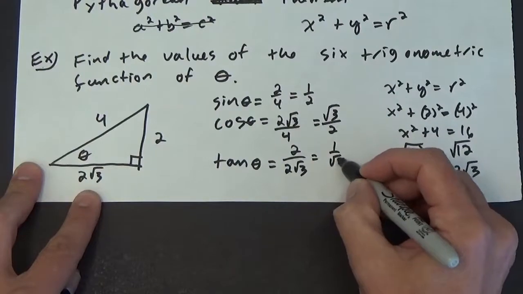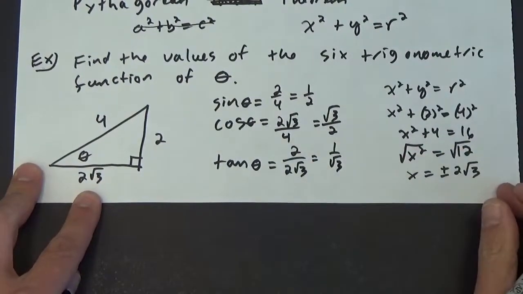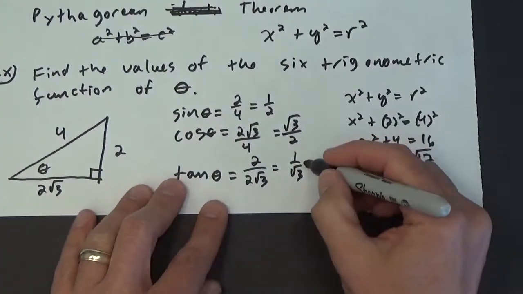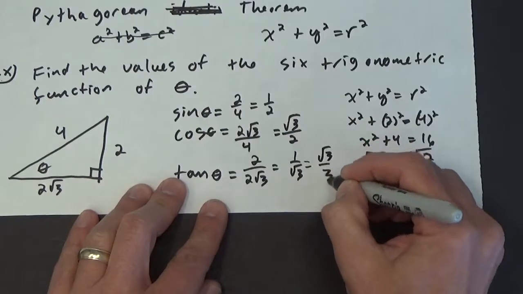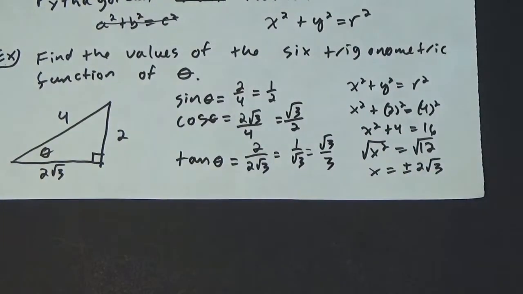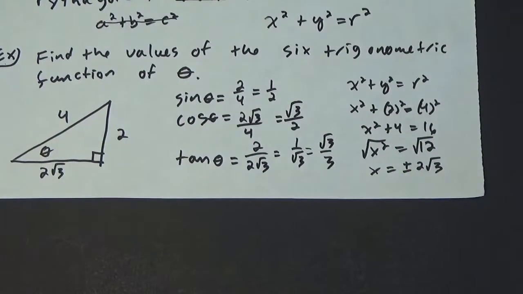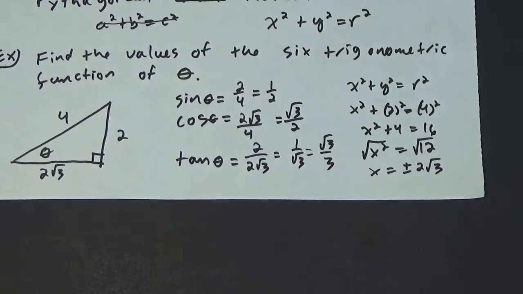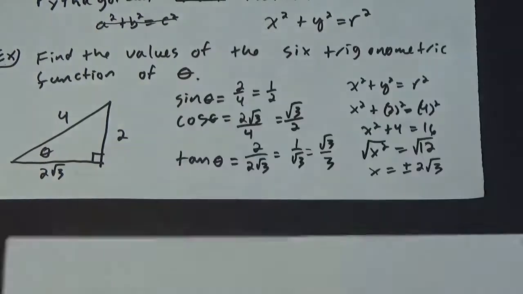Which is 1 over the square root of 3. And of course we need to rationalize the denominator, so that ends up being the square root of 3 over 3. Appears I might need, let me see if I can use a sheet of paper here.